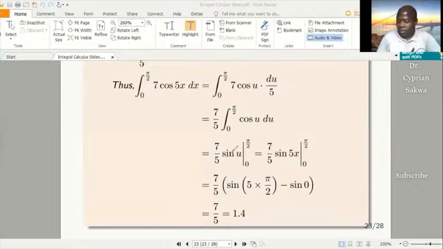So what I'm talking about is sine of 5 times 90, because pi over 2 is 90. So sine of that is the same as positive 1. What about sine of 0? Sine of 0, of course, is 0. So what we have here is 1 minus 0, which is 1. And so 1 times 7 out of 5, the answer is 7 out of 5, which you can also write as 1.4.